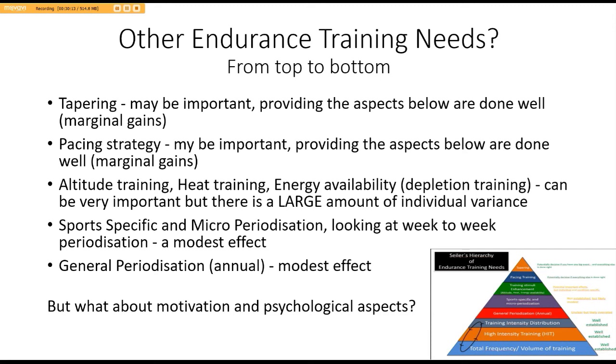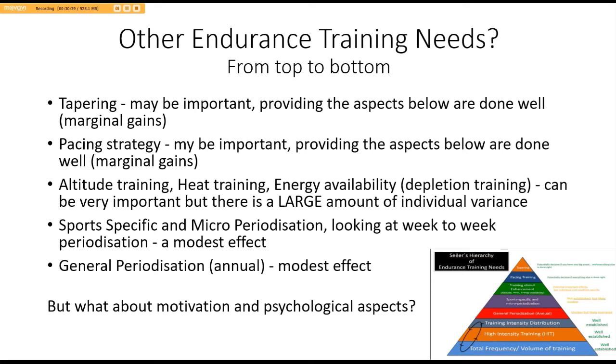There is an effect there, but it's very modest, which is interesting. That leads us to the final point around general periodization. So what does your training plan look like across the year? Do you have a pre-season, a during season, a post-season? Most people do. These are usually outlined owing to the schedule of racing or competition, not necessarily for physiological purposes.